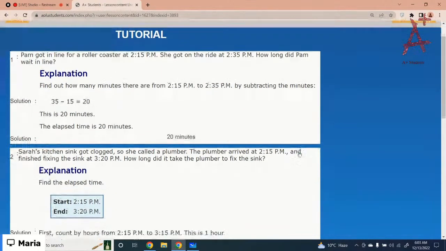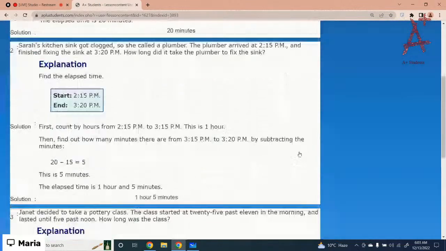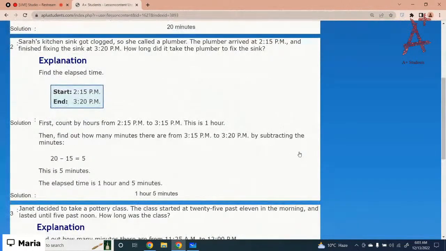Got it? Okay, the next one is Sarah's kitchen sink got clogged. So she called a plumber. The plumber arrived at 2:15 p.m. and finished fixing the sink at 3:20 p.m. Got it?